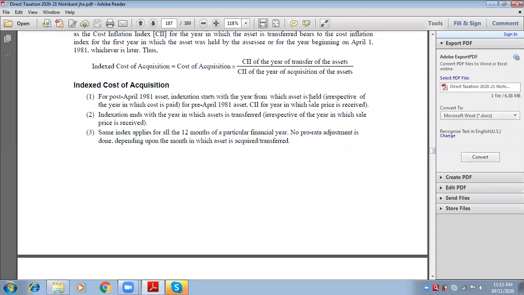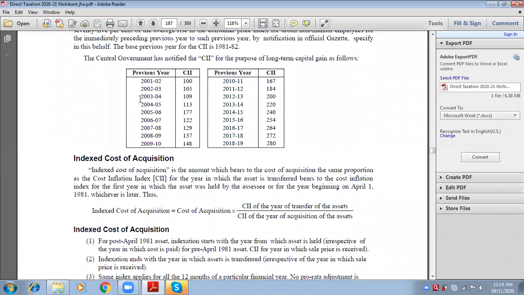Suppose you purchased your property in the year 2009-10. If the asset is after 1981, then the indexation will be taken according to the year in which you purchased your property.